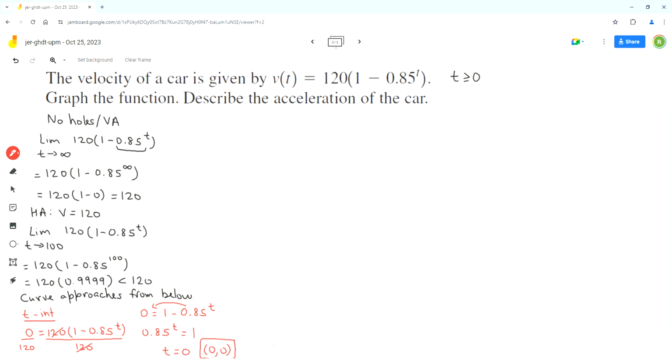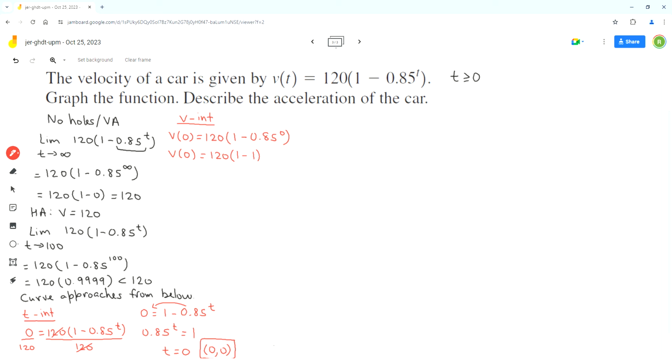now we can find the v-intercept. For the v-intercept, we should sub in t as 0. So 0.85 to the power 0 is equal to 1.